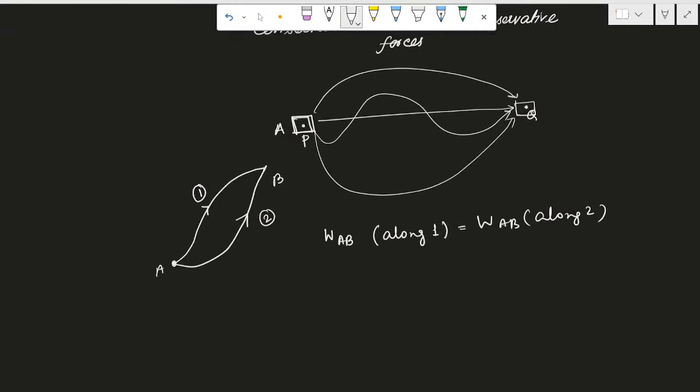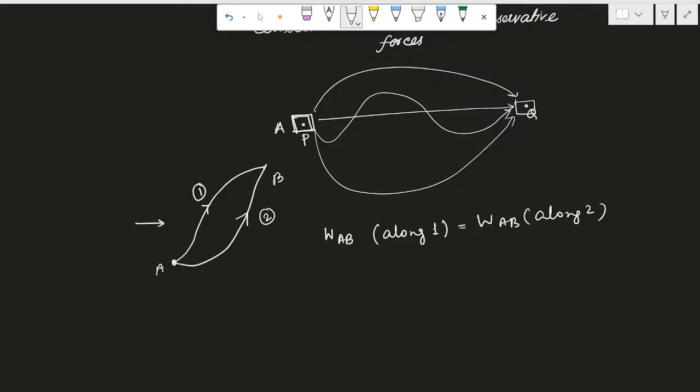Now if we consider this case, we should consider another case also. That case is, from point A to B, you want to displace a particle, but here it is a round trip. A to B is going along path 1 and then it is coming back from B to A. So it is a round trip.